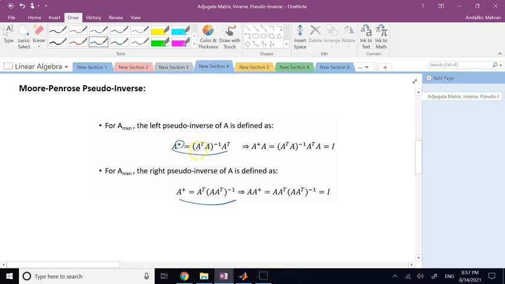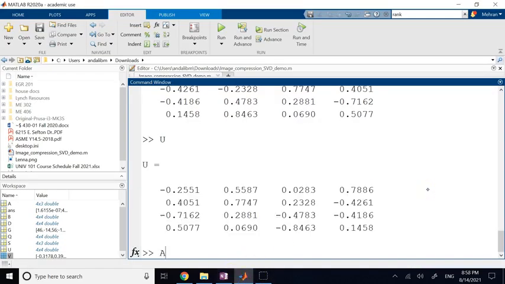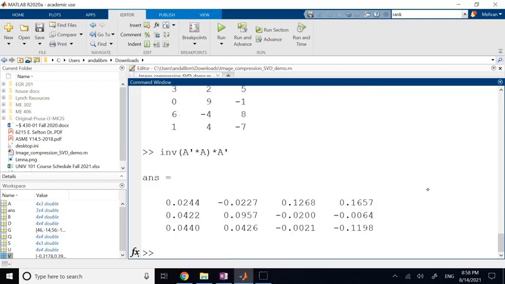Let's say the left pseudo-inverse is (A transpose times A) inverse times A transpose, right? So for our matrix A, if we apply that, the inverse of A transpose times A, the whole thing times A transpose, this is the pseudo-inverse of A, correct?